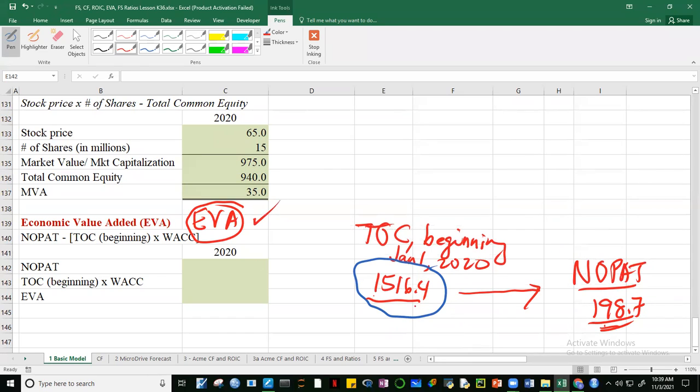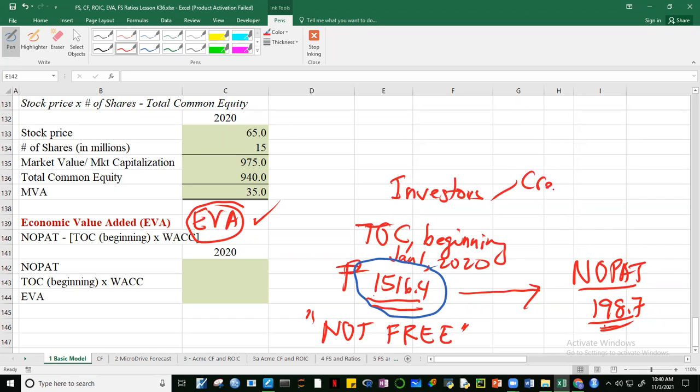What does the EVA tell us, guys? At the beginning of the year, we were provided with this capital, 1516.4. Now take note that this capital is not free. Who provided this? It was provided by investors, either creditors or shareholders.